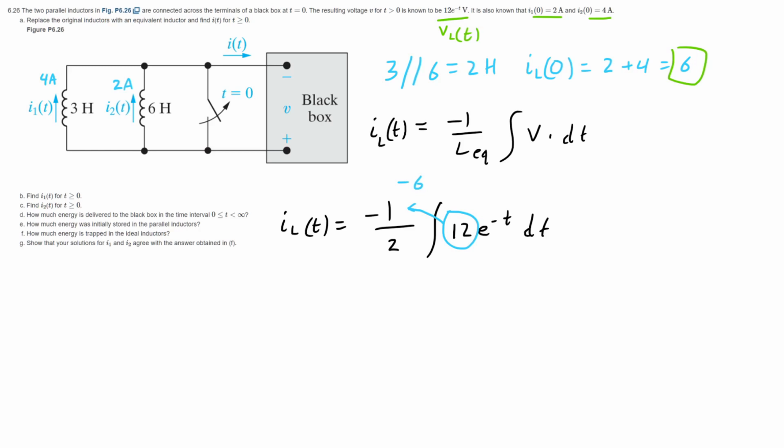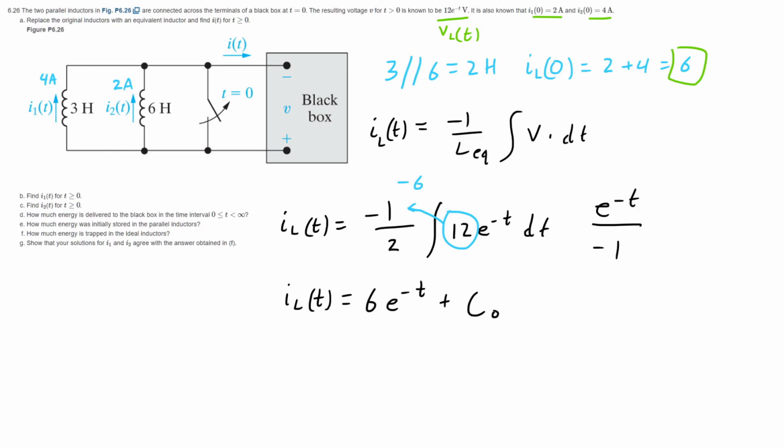And the antiderivative of e to the minus t, as we all know, is going to be e to the minus t over minus 1. So if we combine the minuses, then we get a plus. So i_L(t) for the equivalent inductor is going to be 6 e to the minus t plus C, or our arbitrary constant. I'll call that C0. Now, we calculated the initial current for our equivalent inductor.